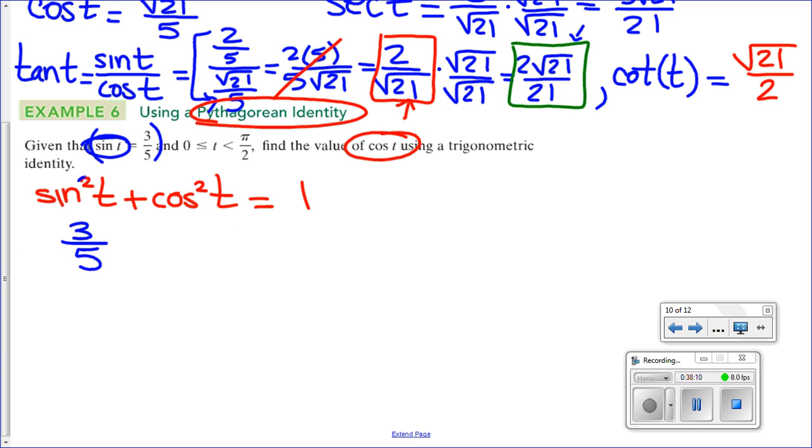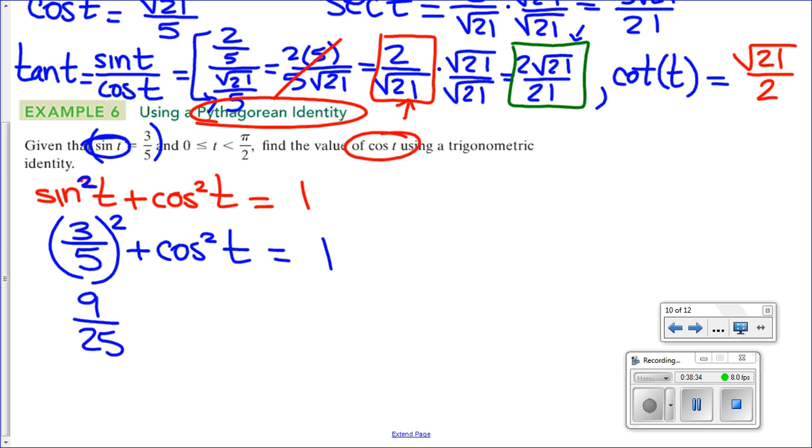However, we're squaring that, so we need to square this fraction. And this is why it's important that you study your notes before you take that exam, okay? Plus the cosine square of t is equal to 1. All right, so now what is 3 squared? 9. 5 squared is 25.